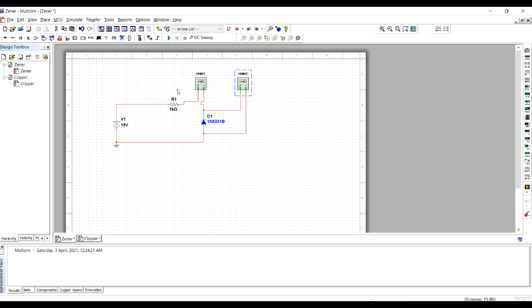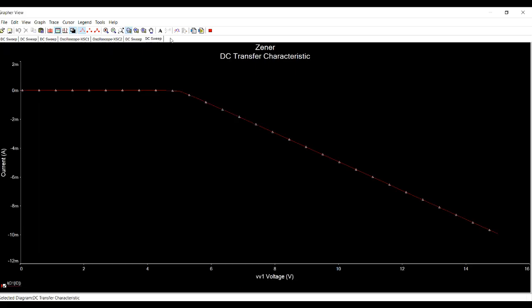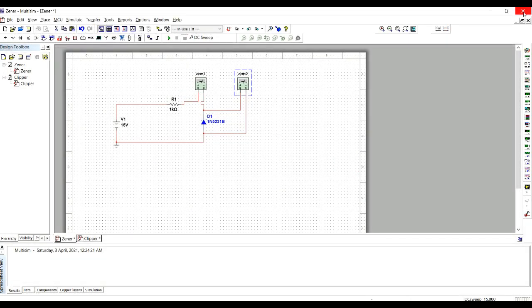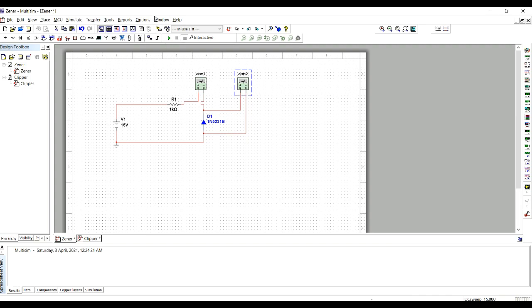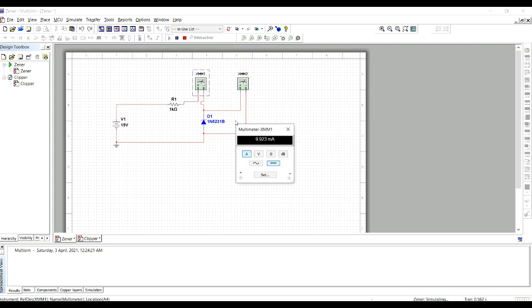To measure the current and the voltage, we have to run the simulation. When we press on it, we can see the ampere across the diode circuit and the voltage across the diode.